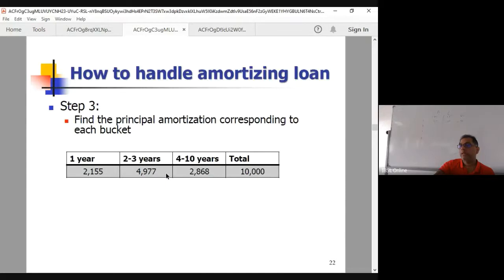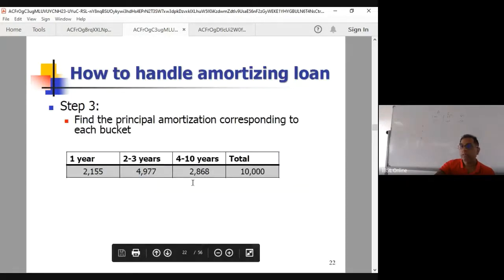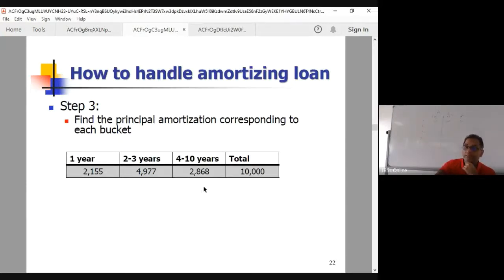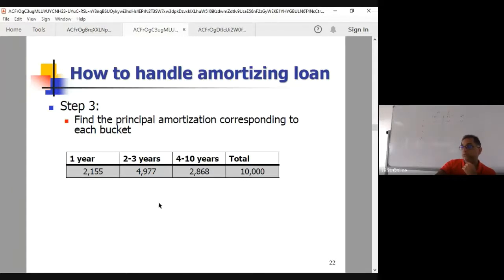And in the 4 to 10 year bucket, which is basically 4 years plus 4.5 years roughly, I guess, you're getting 2,868 here, which equals your total principal amount of 10,000. So in other words, you are calculating on your particular asset that you have created on your books how long it will take for that to get fully repaid to you.